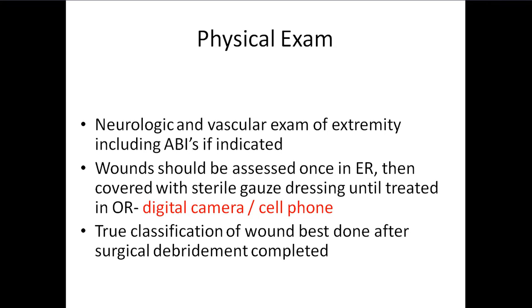Now, the physical examination. If you are sitting in casualty or the emergency room and you get any open fracture case, whether intern or final year, you can do a physical examination. Neurological and vascular examination of the extremity is very important.